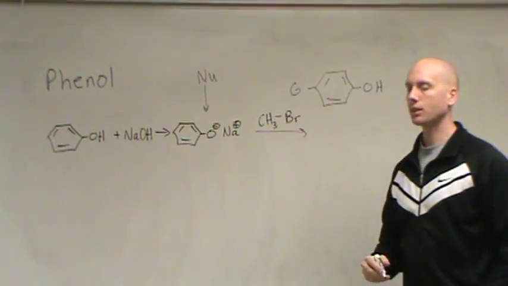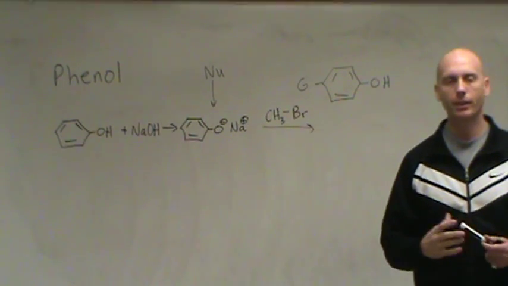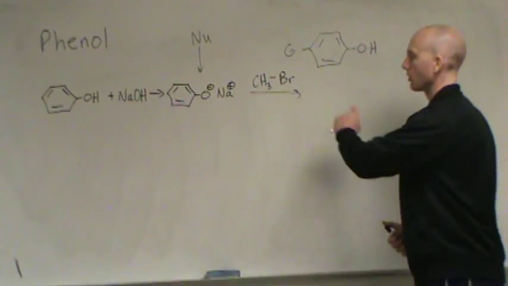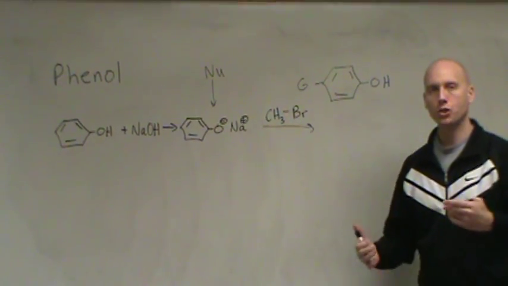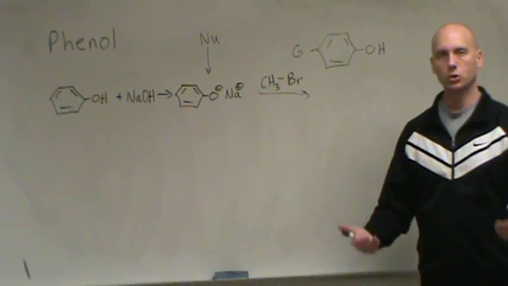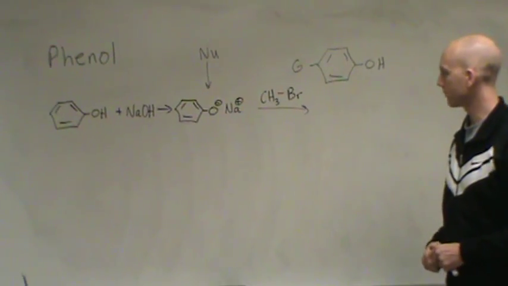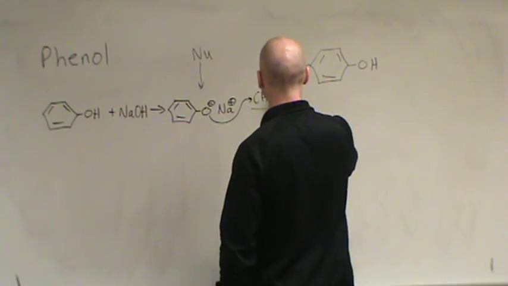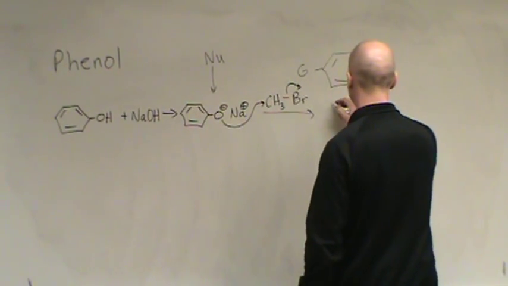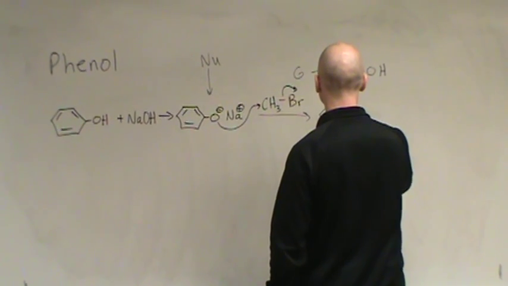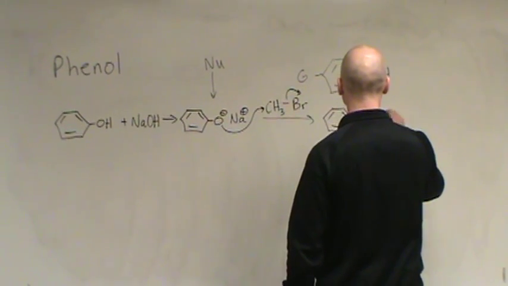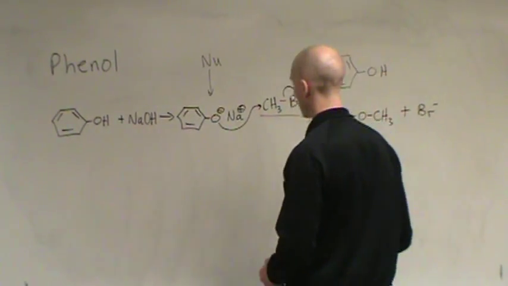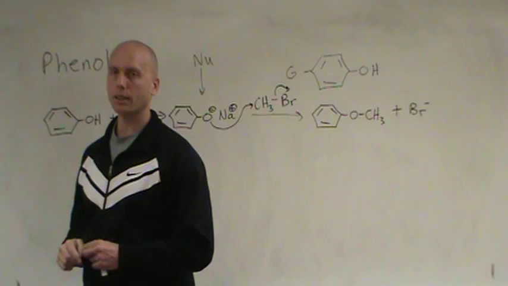remember a substrate is any carbon group that has a good leaving group. Any halogen is a good leaving group. I just chose bromine. You could have chosen chlorine or iodine or fluorine. But here, you would get a nice substitution reaction to give us this kind of compound here.